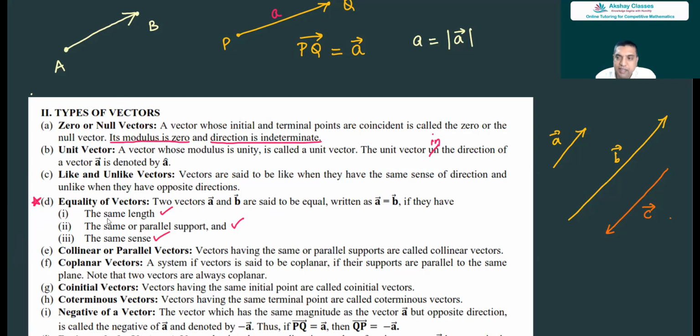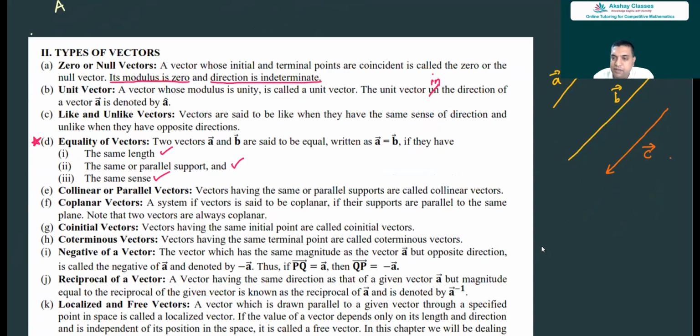Nowhere is it mentioned that it should be the same initial point and the same terminal point. It is not at all necessary.